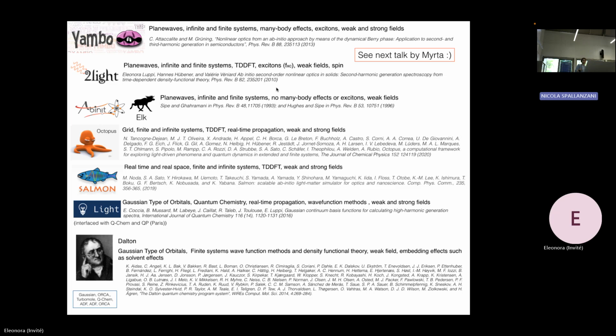And really, the last two phrases: not for solids, but for finite systems, I think there is a huge work that has been done a long time ago, and there are very nice codes.